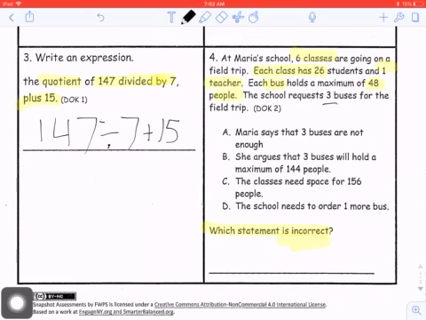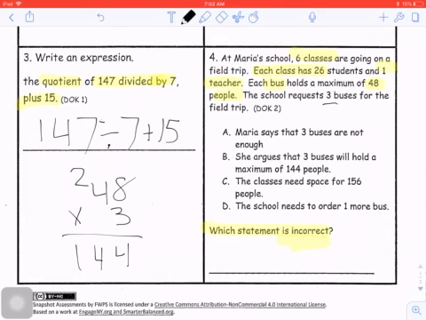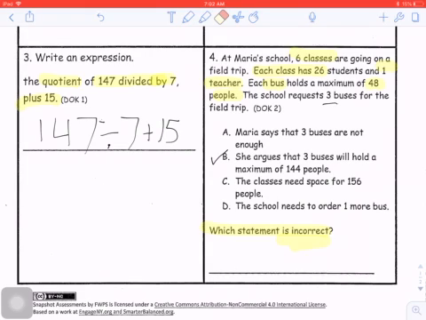So 48 times 3. 8 times 3 is 24, 12, 13, 14. So that one's correct. So we're not worried about that one anymore. I'm going to put a check mark. That one's correct. I'm going to erase this. You can use the back of your worksheet or paper as your scratch paper, but I'm just going to use this space while I have it.